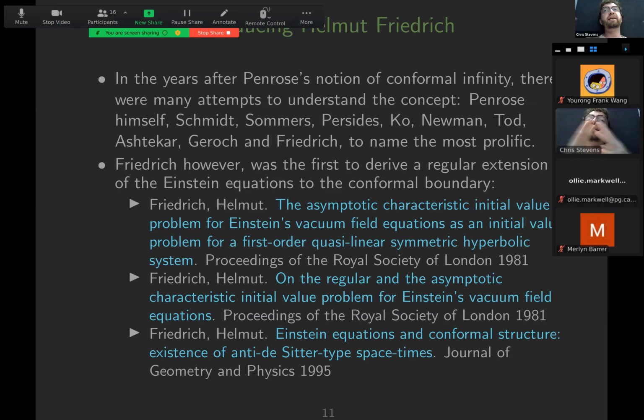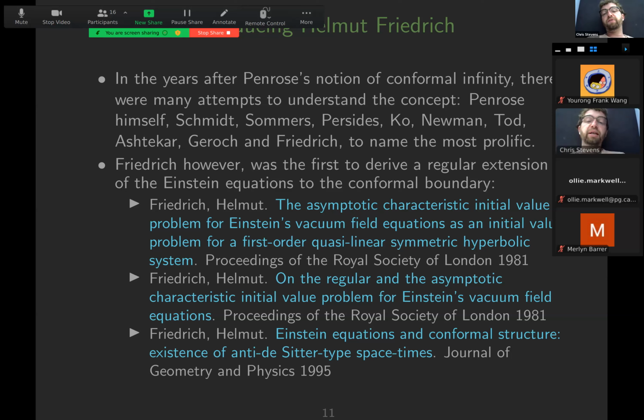Can we extend them from the physical space-time to the conformal boundary as well, and essentially move them from g twiddle to g? Can we write the Einstein equations down with respect to everything in the conformal space-time? A lot of people worked on this: Todd, Friedrich, Penrose, some of the bigger ones, and they'll actually be at the meetings that I'm attending tomorrow at the Royal Society, which will be cool.